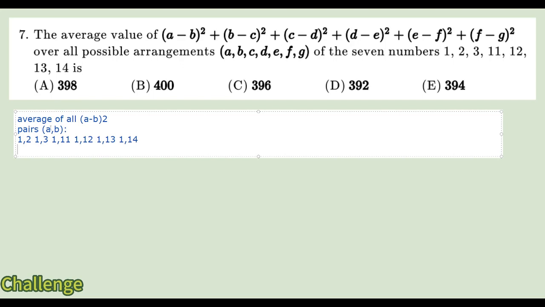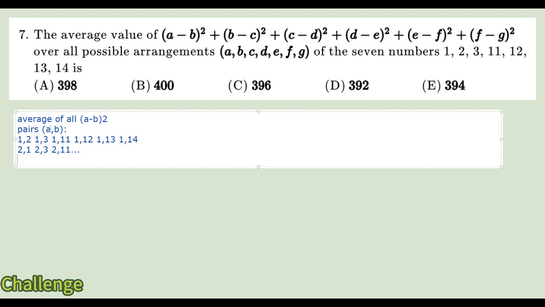Okay, and then if we have a equal to 2, we have 2, 1, 2, 3, 2, 11, and so on. And then we can also start with 3. Let's just type dots to save time. And we can also start with a equal to 14 and b is 1, 14, 2, all the way to 14, 13.